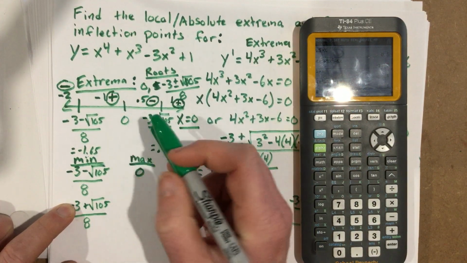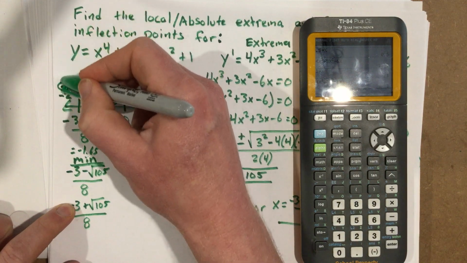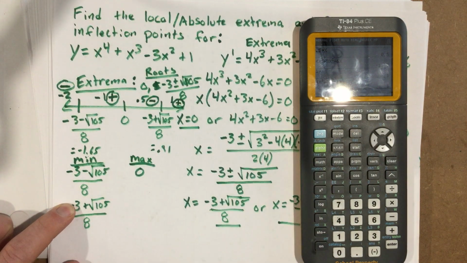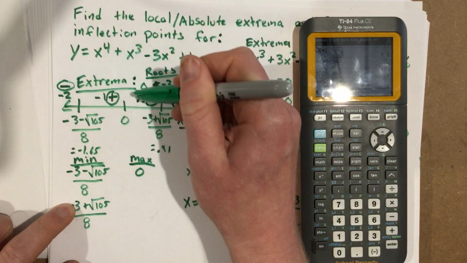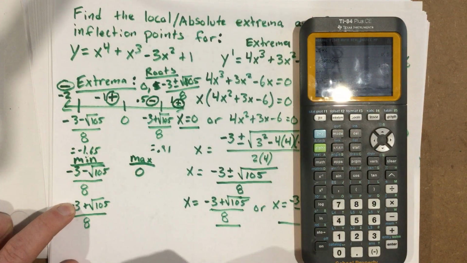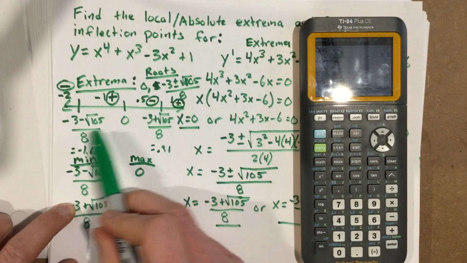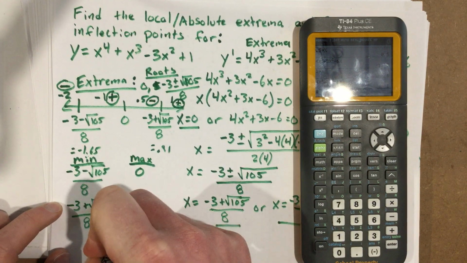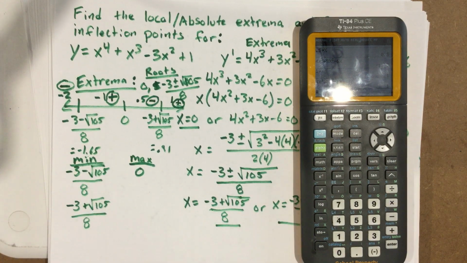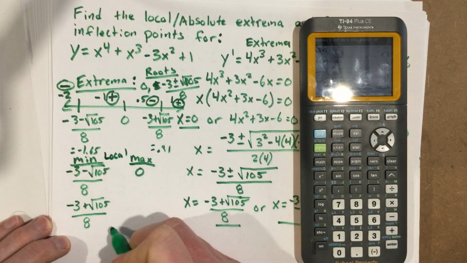So what that tells me is I don't have an absolute max because these tail off. It almost makes a W, because it comes down this way, then up, then back down, then back up. So it makes a W for a function. So that does tell me that I've got two minimum values, and one of those minimum values is probably an absolute min. So I know that these are at least local. Let's find an absolute.